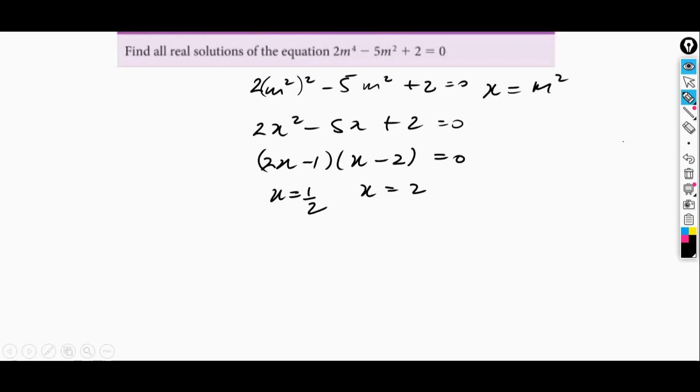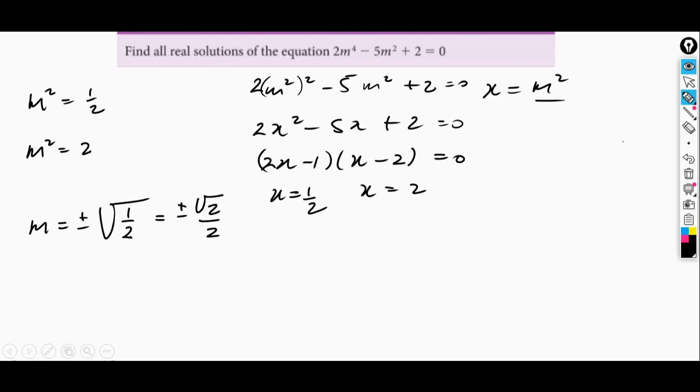But we already said that x equals m squared, so that means m squared equals 1/2 and m squared equals 2. So that implies that we have 4 solutions because m can be plus minus the square root of 1/2, which you can find in a different notation as plus minus square root of 2 over 2. And then the other solution would be m is equal to plus minus square root of 2.